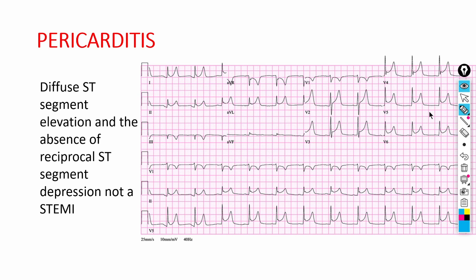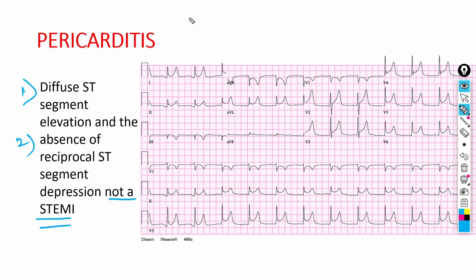Now let's see what are the ECG changes in a case of pericarditis. In this, there is a diffuse ST segment elevation, in more than one zone, that is anterior as well as inferior, and there is an absence of reciprocal ST segment depression. Therefore, it is not a ST segment elevation MI.